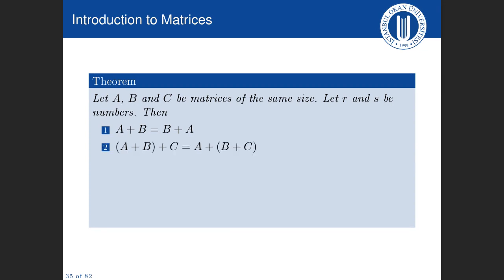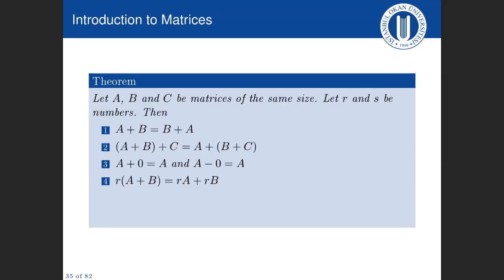So the same for matrices. A plus B plus C is the same as A plus B plus C, grouped either way. A plus the zero matrix is just A, because for each entry we're just adding on 0, so it stays the same. And of course A minus 0 must be A.